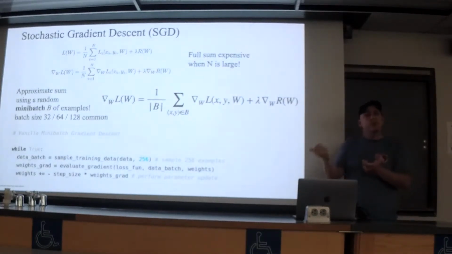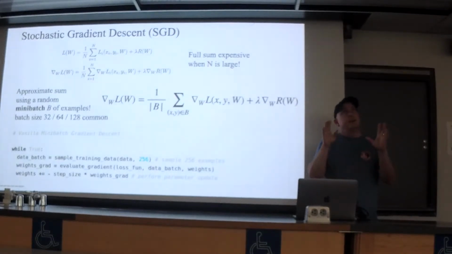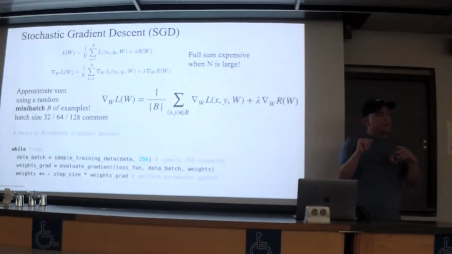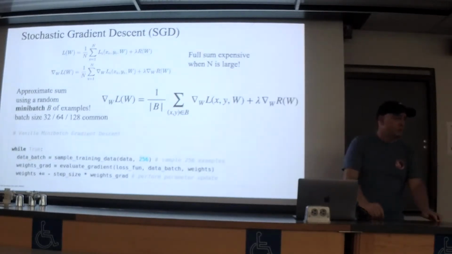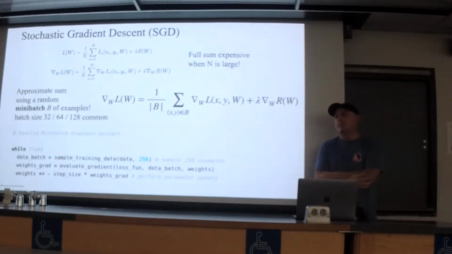So it prevents overfitting because you're not actually walking down the exact gradient, and you tend to find better local minima according to certain ways of thinking about what it means to be a better local minima if you do this.